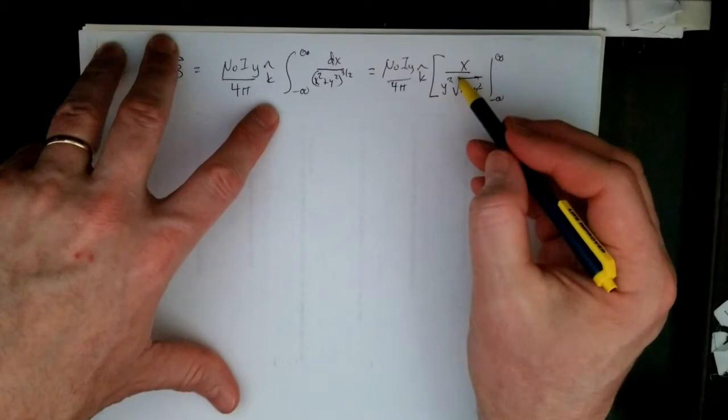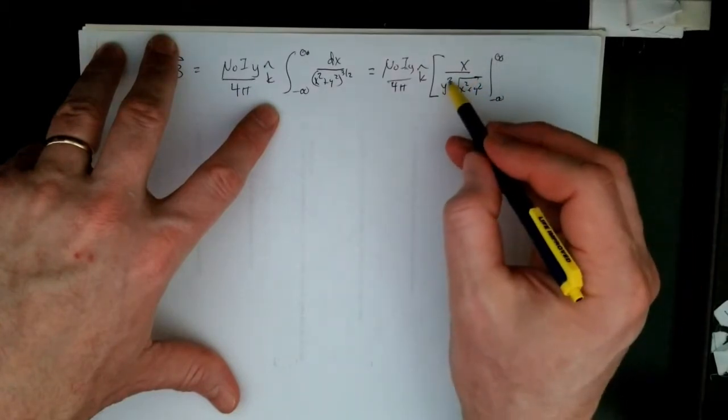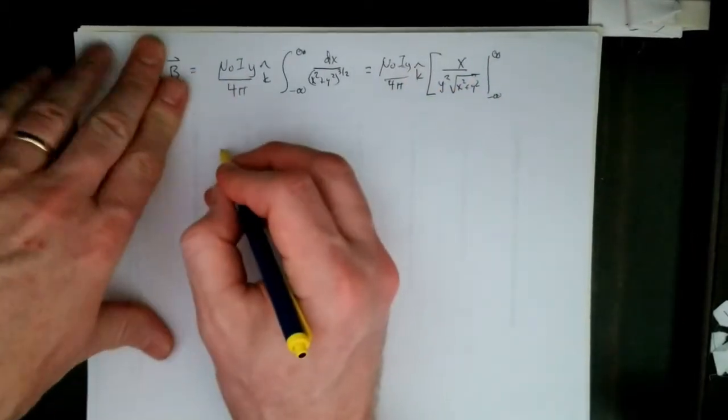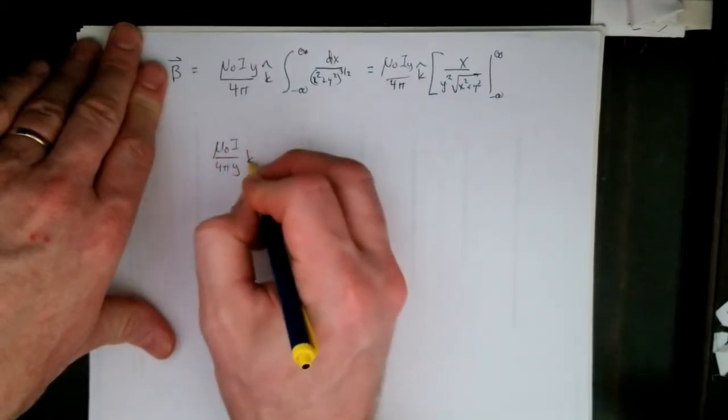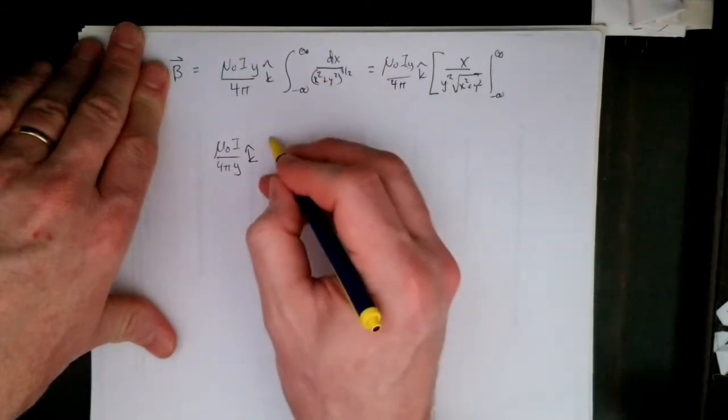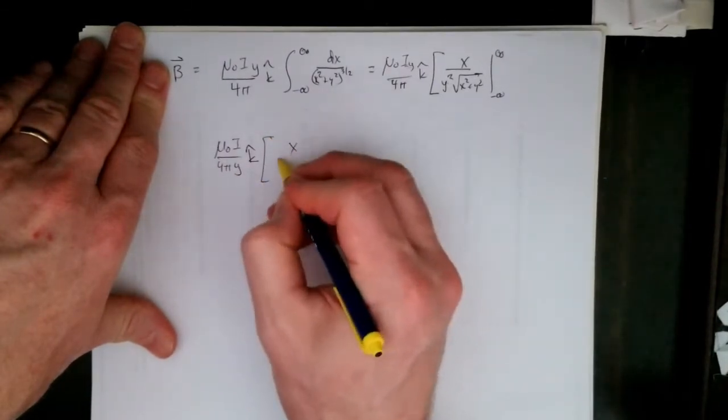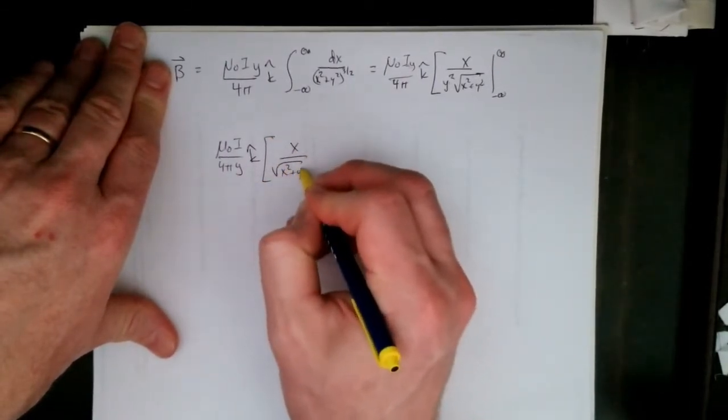And you plug them in. First off, one of those y's is going to cancel out. So I'm left on the outside with mu naught I over 4 pi y k hat times x over the square root of x squared plus y squared.